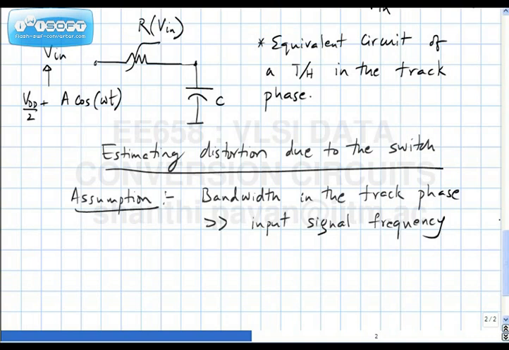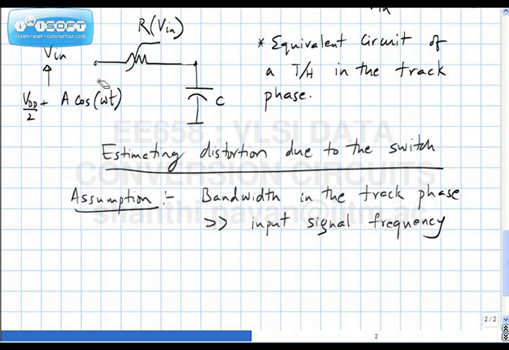What about with amplitude? Do you think things will get better or worse? If I increase the amplitude, there's the frequency of the sinusoid and there's the amplitude of the sinusoid. So, do you think the distortion products, the harmonics, will increase when the input amplitude is small or when it's large? That's obvious, right?